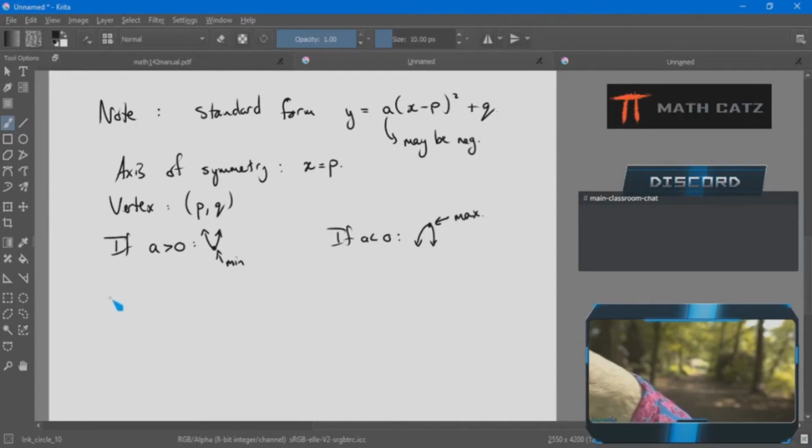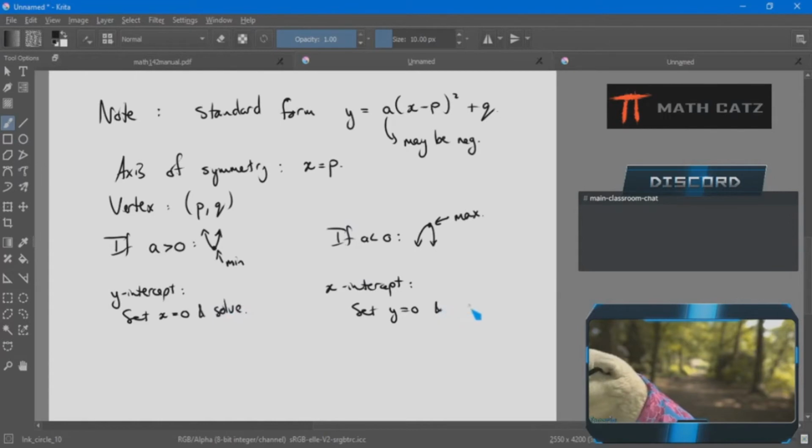Now, the y-intercept is sometimes going to come automatically, but in general, I calculate these intercepts in the same way. For y-intercept, set x equal to 0. For x-intercept, set y equal to 0. And then solve the equation, and solve, and solve.